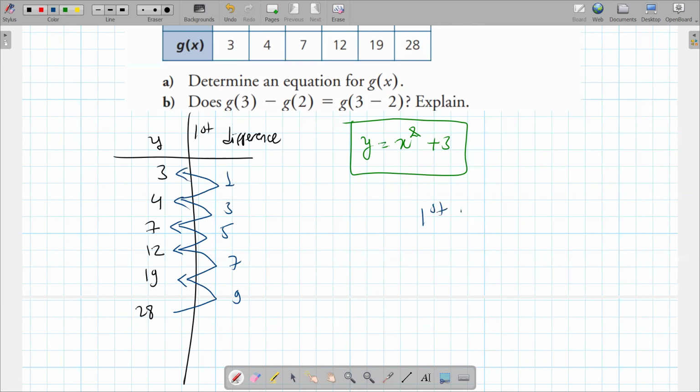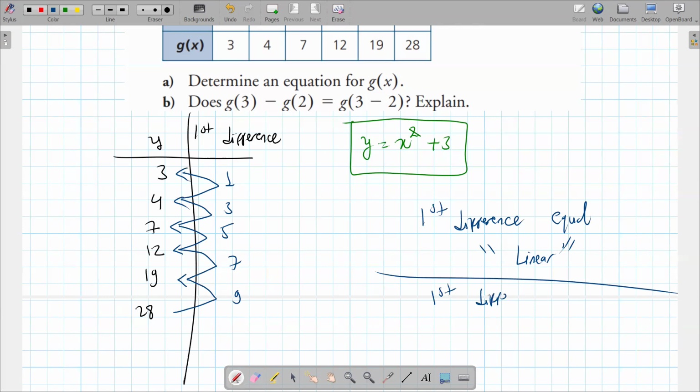So if your first differences are equal, if they were all 1, 1, 1, 1, 1, or 5, 5, 5, 5, 5, it would be linear, okay? If the first difference was a multiple of a number, so what do I mean by this?